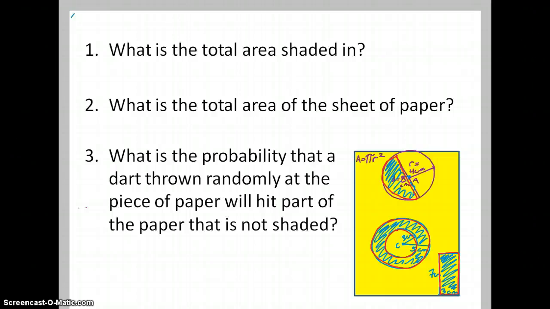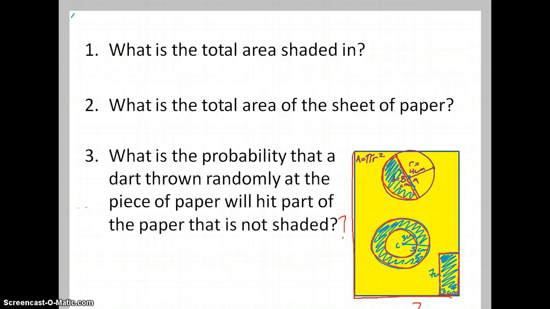The total area of the sheet of paper, well, you just have to ask yourself, what are the dimensions of this sheet of paper? And then you can calculate that area depending on what type of polygon that is.